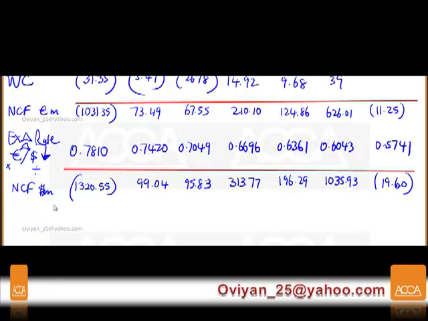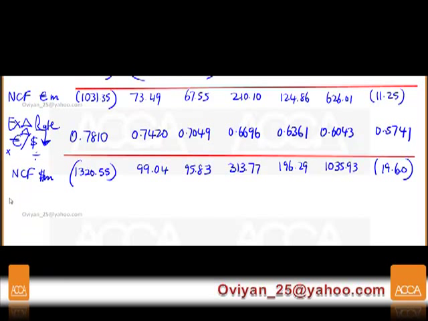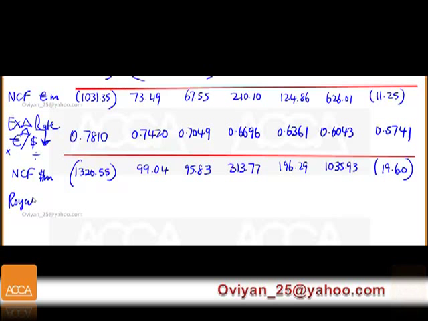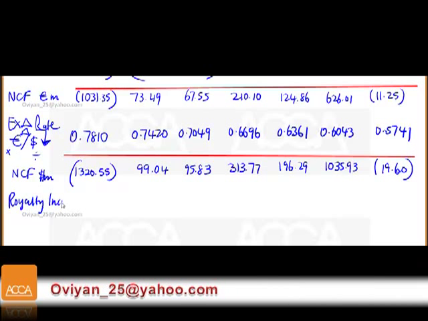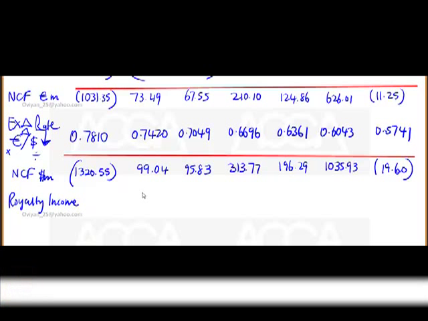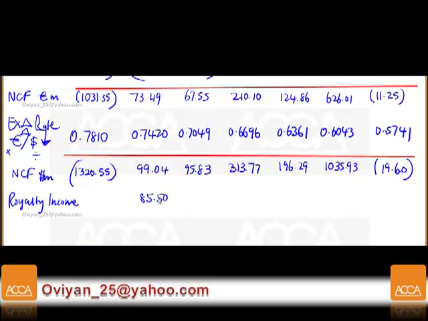But in this question you only have two. One is going to be your royalty income. Now your royalty income, you go back to your workings and get the dollar income and put it here. For you it is an income, for them it is an expense. So you've got to plus this one.